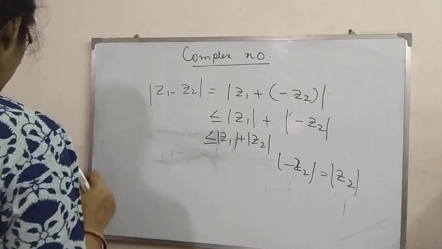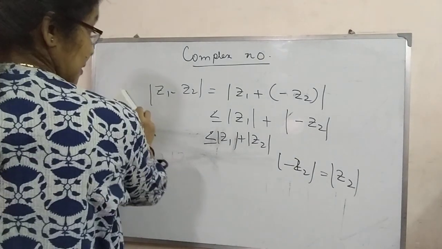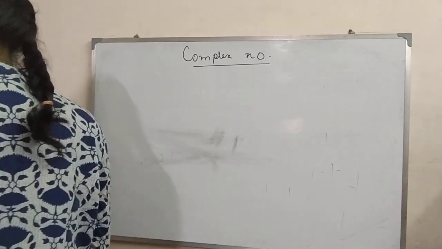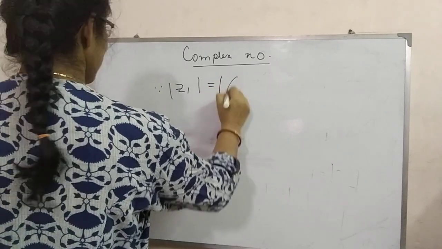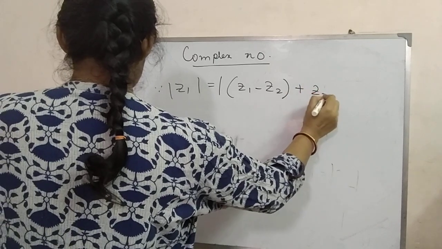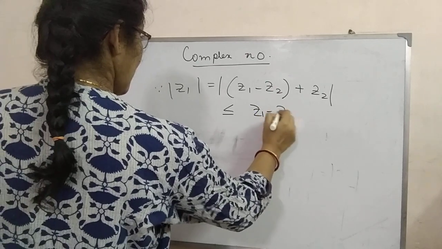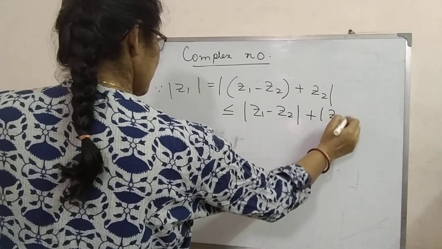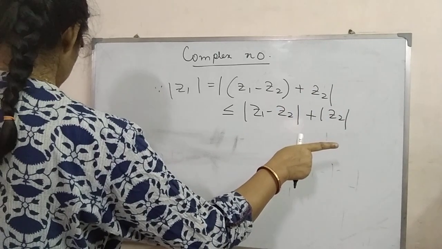Okay, and again, since modulus Z1, this is equal to modulus of (Z1 minus Z2) plus Z2, which is less than or equal to modulus of Z1 minus Z2 plus modulus Z2. That is Z1 minus Z2 plus Z2.